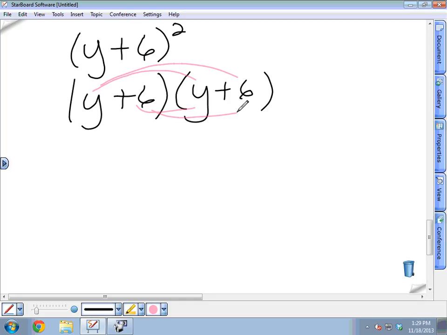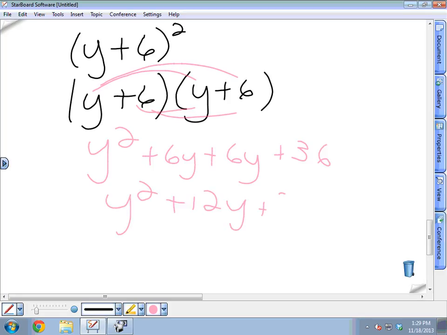And then it tells you that you can just fill in A and B and do that. I don't like to memorize those formulas, and that's fine if you do. To me, it's easier to draw them out. Y plus 6 times y plus 6, and then just FOIL it out. First, outer, inner, last, and then combine. So if you want to memorize that rule, you can, but I think it's easier when you're squaring a binomial to just draw it out.